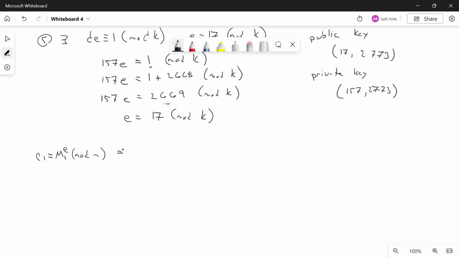All right, so our C1, our original message, this is I space. This is 0900 raised to the power E, which is 17. This is equal to 1,510, again mod 2,773.